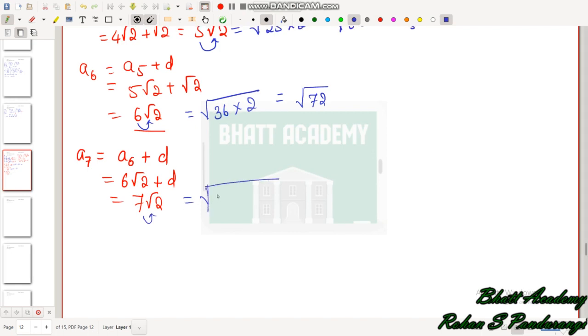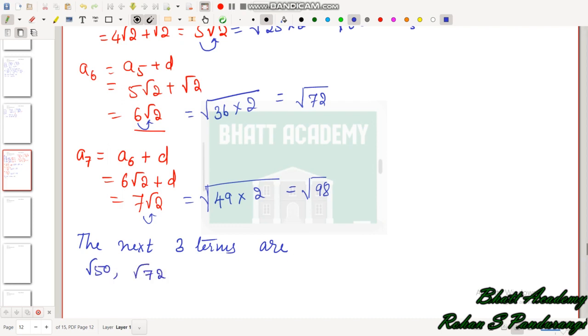So 7 square is 49 multiplied by 2, which is √98. So the next 3 terms are root 50, square root of 72, and square root of 98.